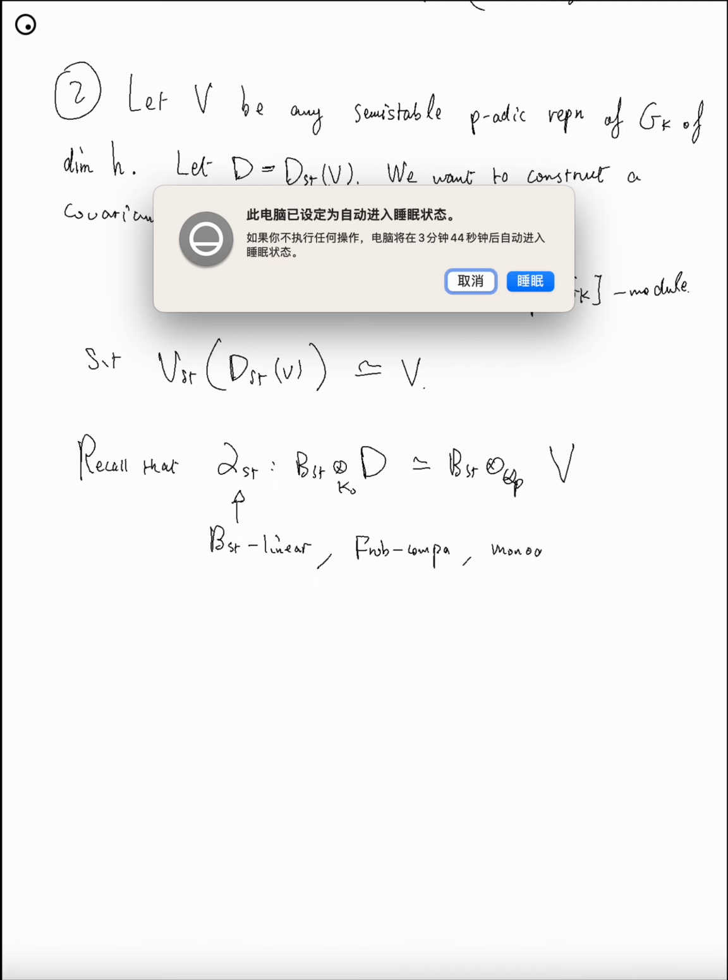The monodromy operator is also compatible. Also, this alpha_st,K is a filtered isomorphism, after tensoring with K.